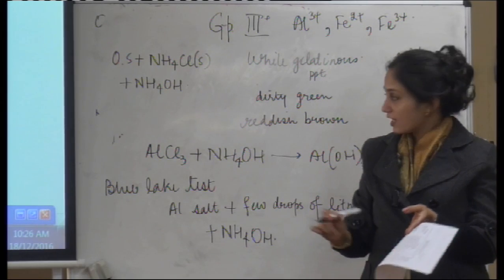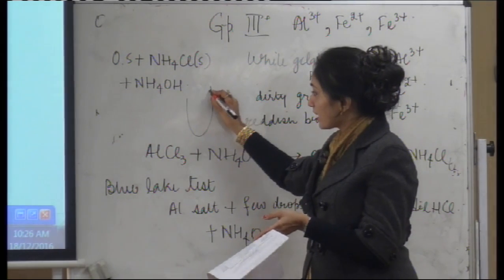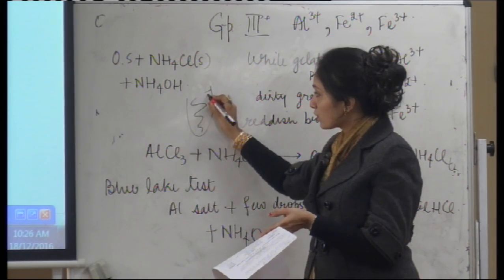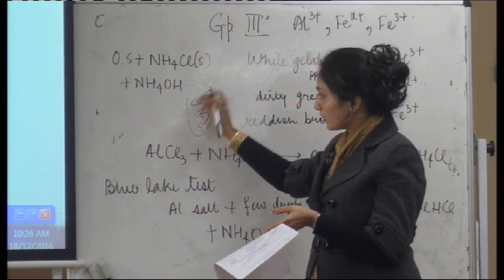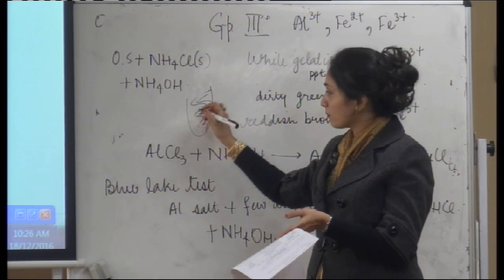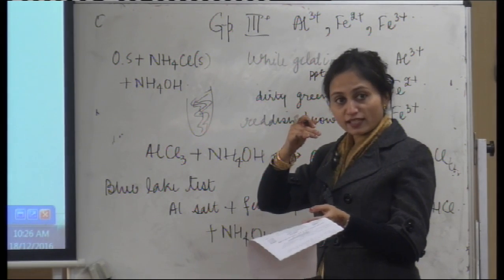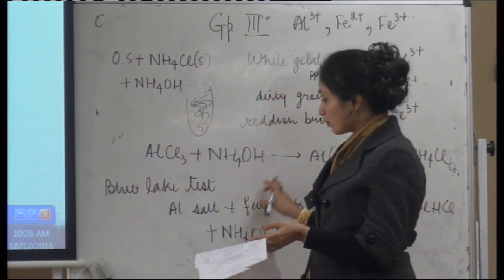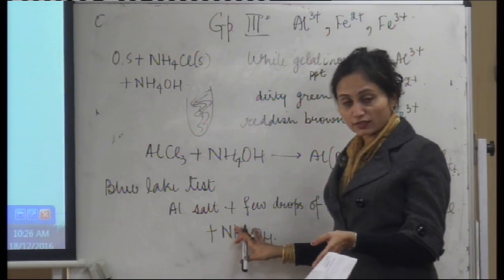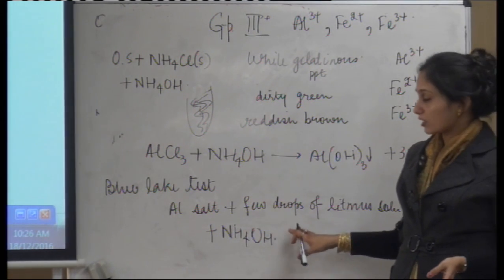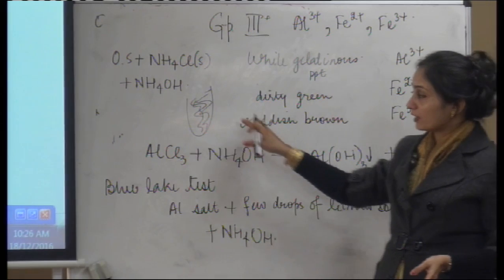Got the point? Say if you have your test tube, I am saying it's kind of a gelatinous precipitate which will be like a proper, you know, it will be having a proper zigzag or maybe some kind of a haphazard shape which is suspended very nicely in your test tube. And when you perform this test with litmus solution, then it will give you a brilliant blue lake.